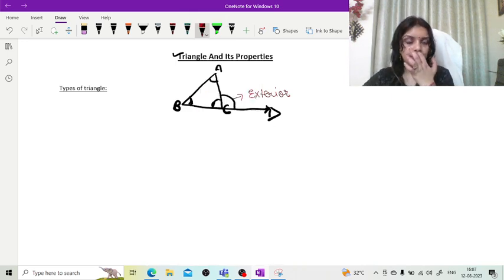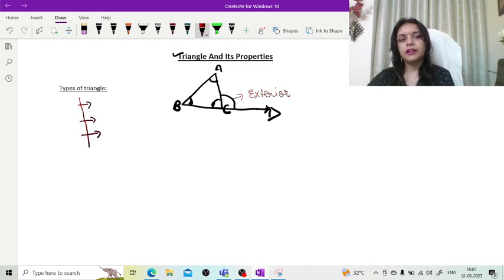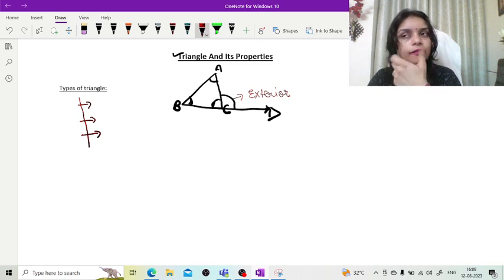Now what is the property of triangle? To know the property of triangle you should know the types of triangle. How many types of triangle? When I am asking how many types of triangle, definitely some students will say 3 triangles, 4 triangles, 5 triangles, right?